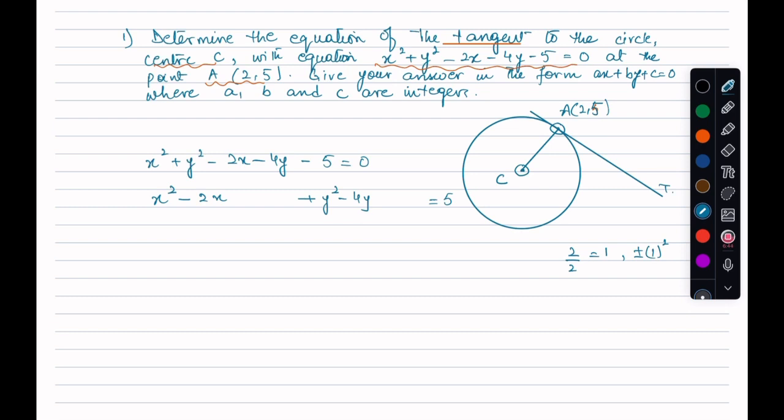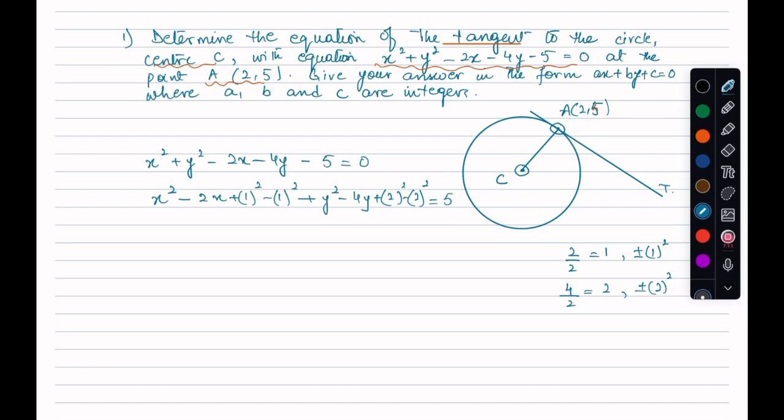So for this x, to bring it to the algebraic identity, I'll say it's plus 1 the whole square and also minus 1 the whole square. In the same manner, for y, the coefficient of y is 4. I'll divide 4 by 2, which will give me 2, and I will be adding and subtracting 2 the whole square to the equation. So it's plus 2 the whole square and minus 2 the whole square as well.